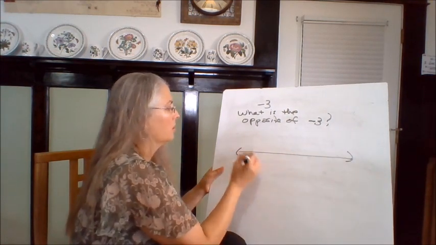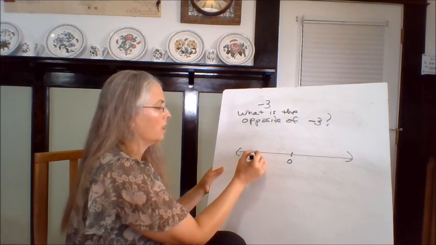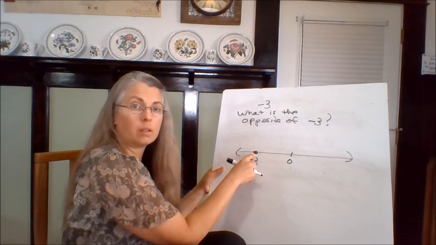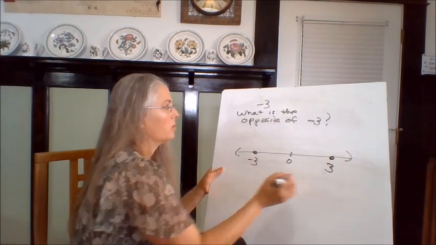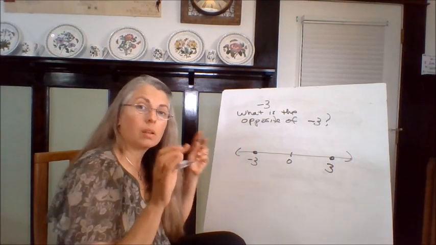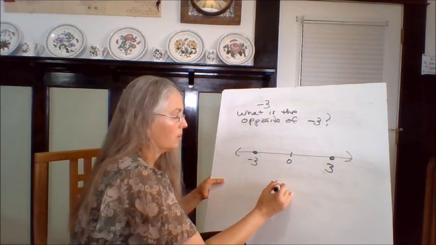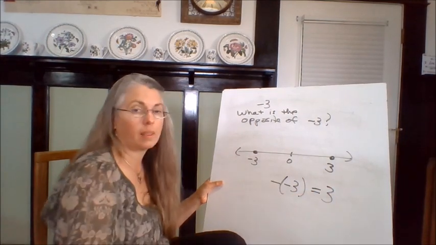So let's do a point. Here's 0, here's negative 3. The opposite of that number right there would be, I'm flipping and I'm finding its mirror image over here. So the opposite of negative 3 is going to be 3. The opposite, we can use this negative sign. So the opposite of negative 3 looks like that.